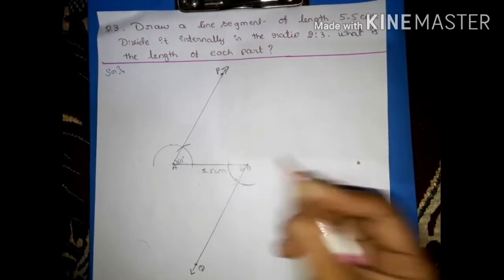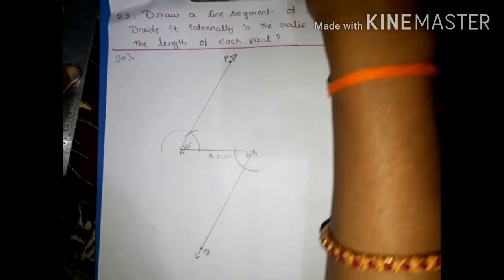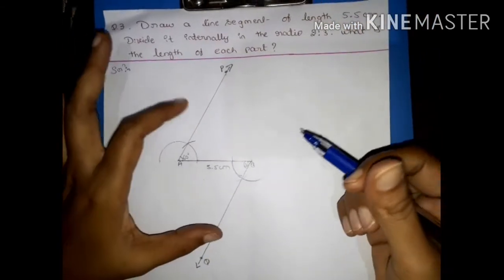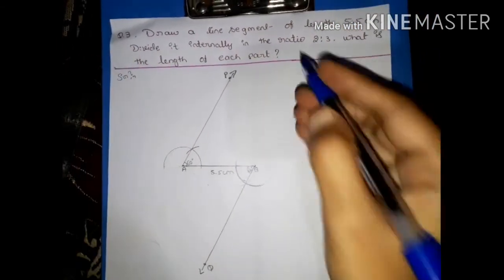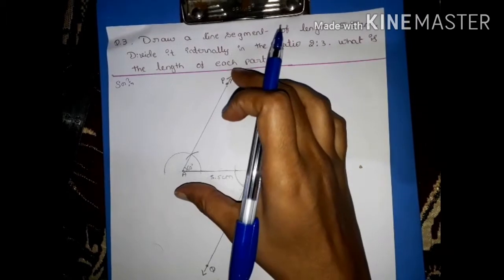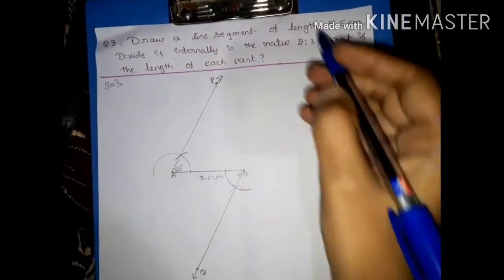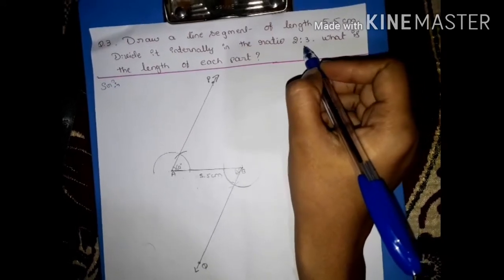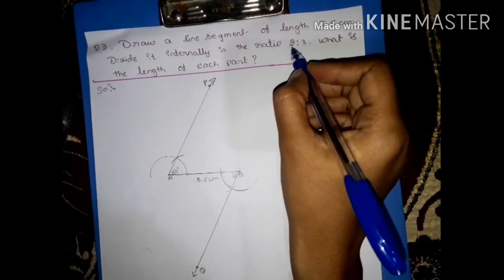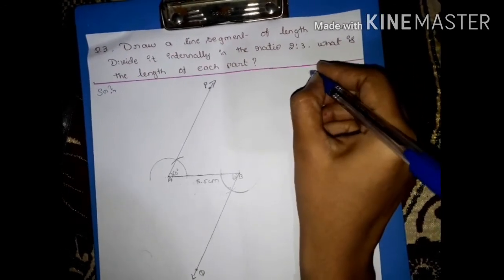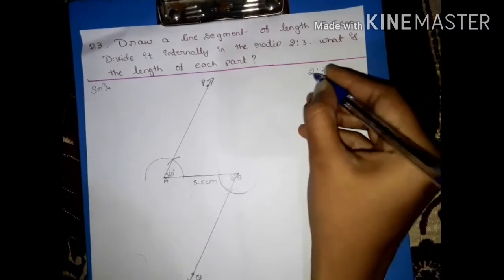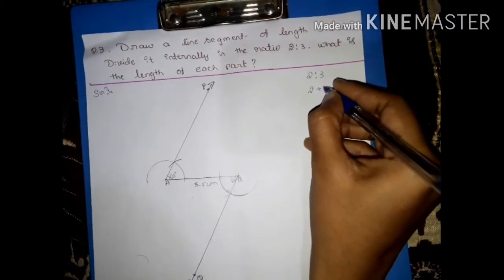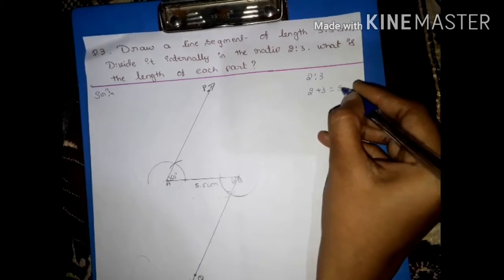Acute angle. Now after constructing the parallel lines, you have to divide the parallel lines into equal parts. How many equal parts do we have to divide? Here the given ratio is 2:3. Now you have to add 2 plus 3, 5.